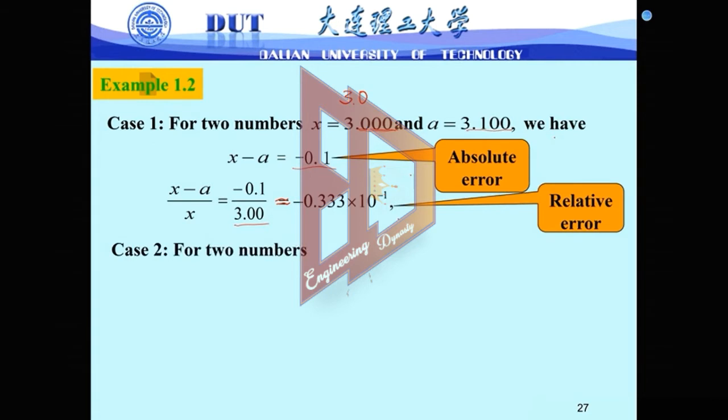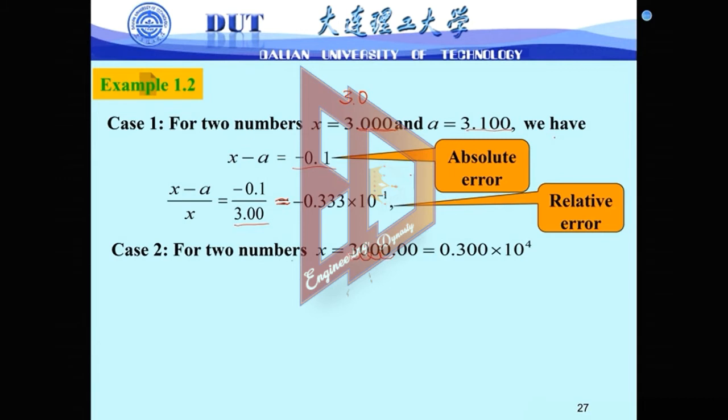Now let's consider second case. For another two numbers, x equal to 3000.00, and if we write like this, 0.300 multiply 10 to 4, it's okay for you? 1, 2, 3, 4.